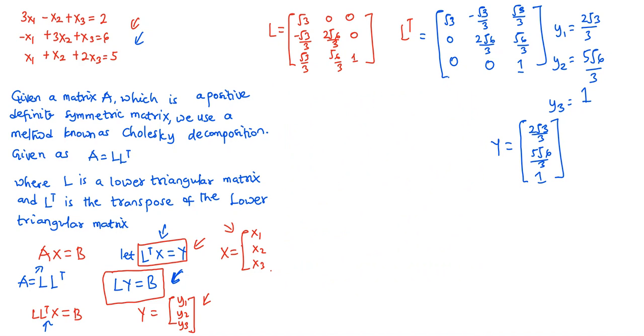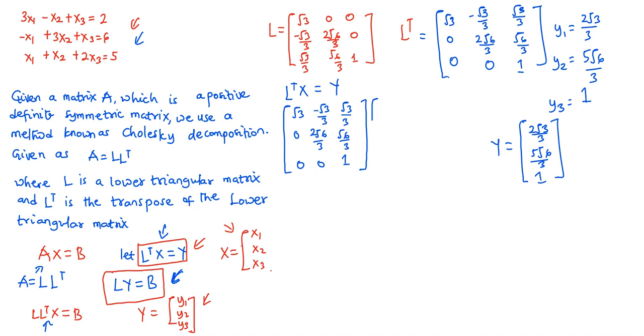We are using the formula L transpose multiplying x equals y, right? You know what L transpose is. We know it to be root 3, minus root 3 on 3, root 3 on 3, then 0, 2 root 6 on 3, root 6 on 3, and then 0, 0, 1.